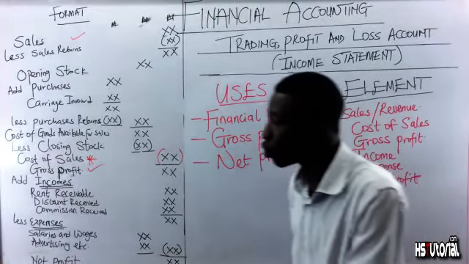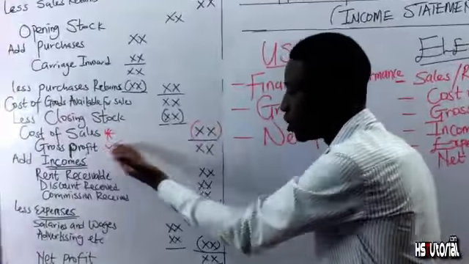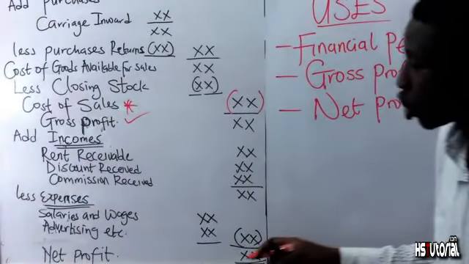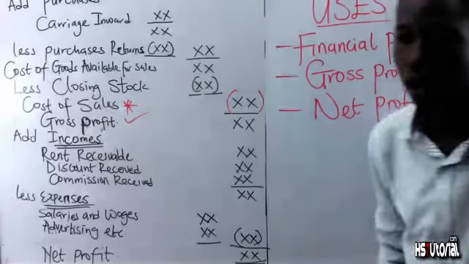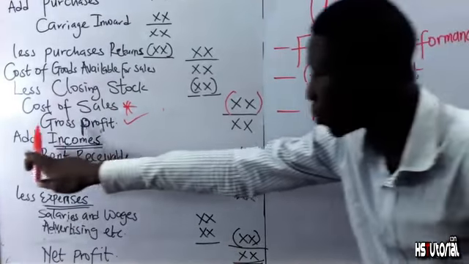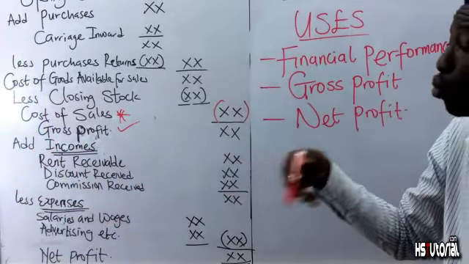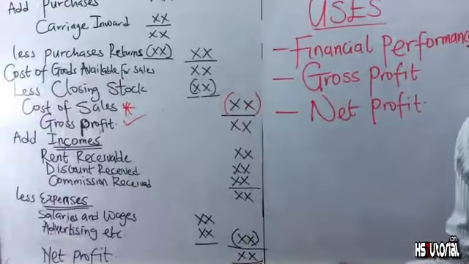Now let's quickly go to the additions that you will have to make to your gross profit. The additions will be the incomes. You have to add incomes to your gross profit. The incomes you will have to add include the rent receivable, that is the rent you received from your tenants.